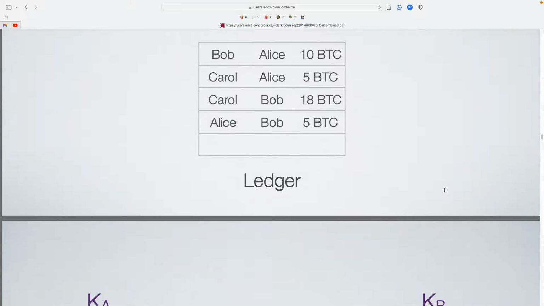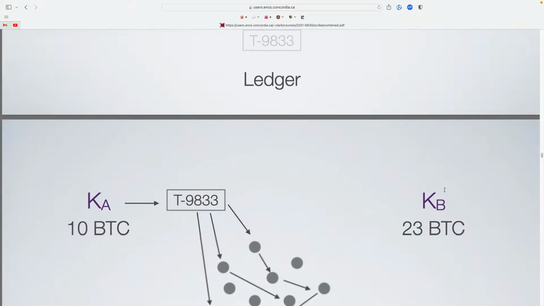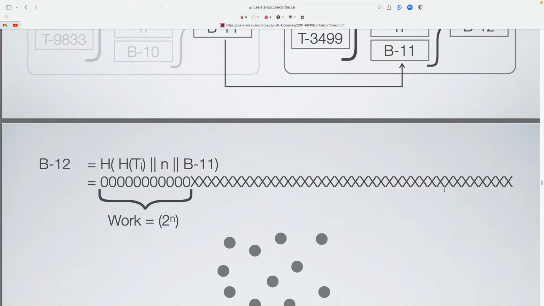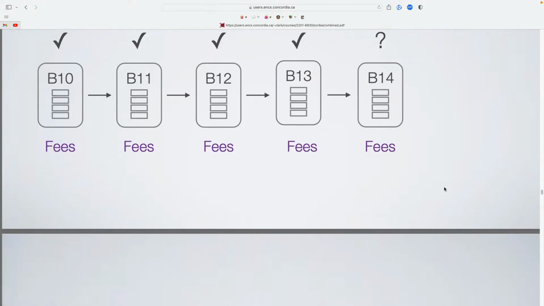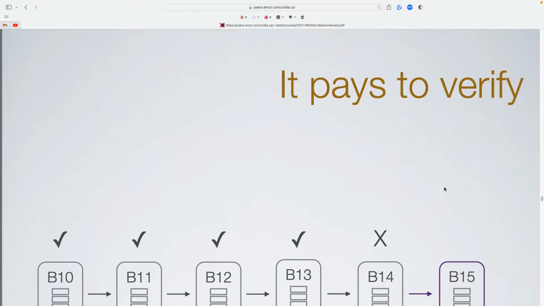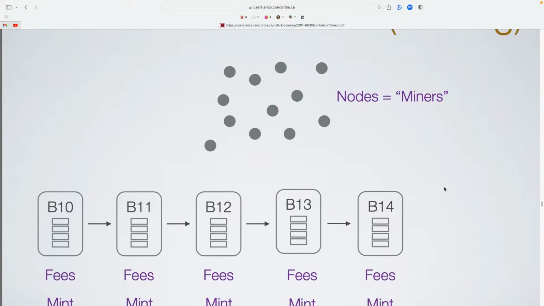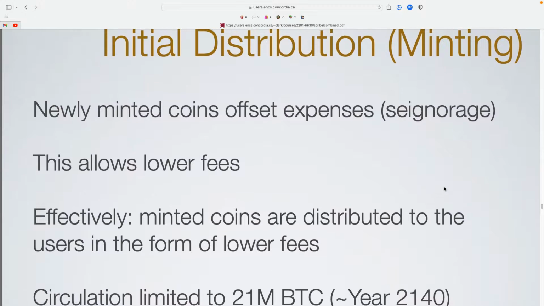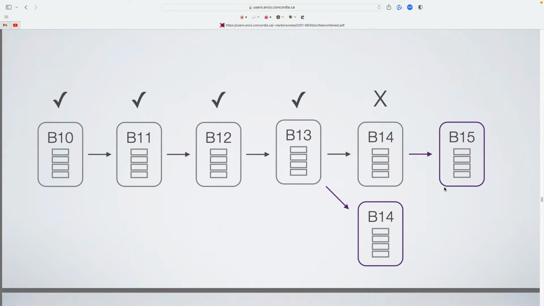Yeah, it was one of these slides, the newly minted coins. Sure. Okay, I'm just going to try and find, let's go back to this.